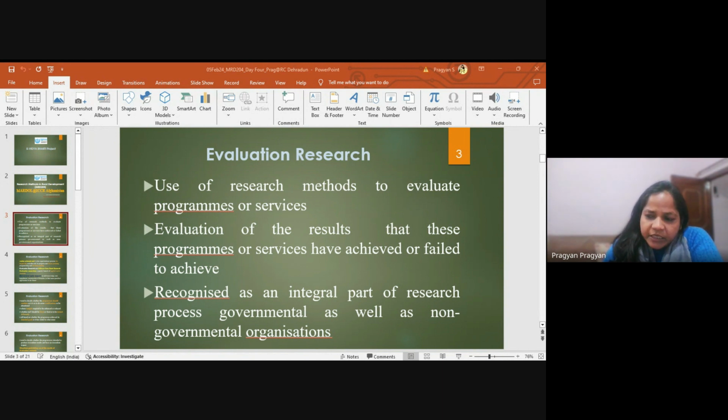But in social research in general and in rural development in particular, it is not possible for us to control one factor and to study only another factor in a particular study. So the first thing is that the complexity of research in the area of rural development is very particular.